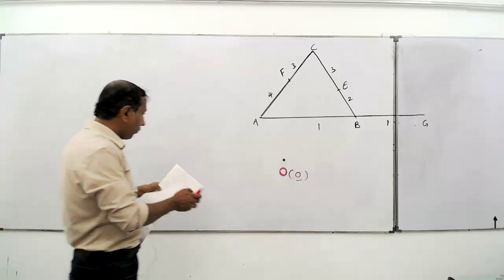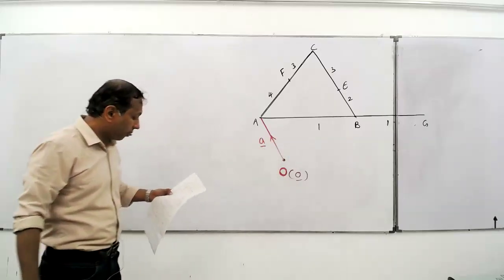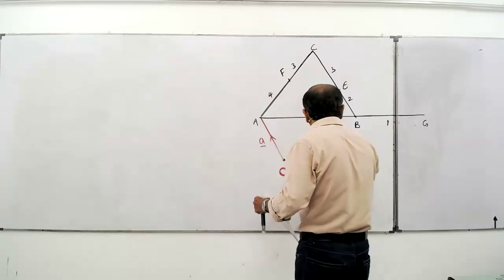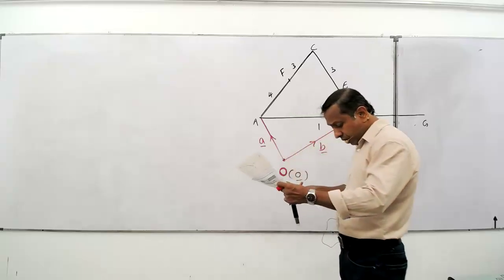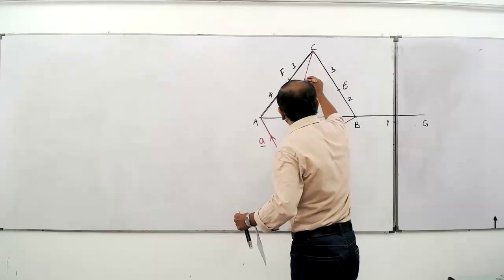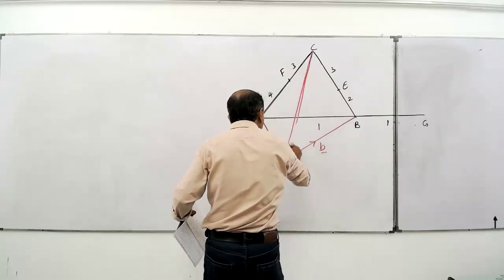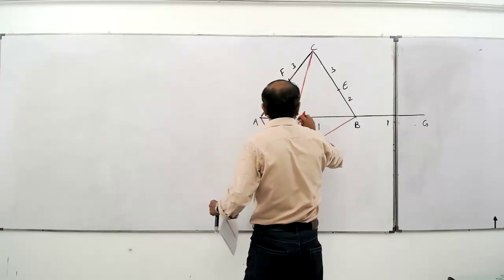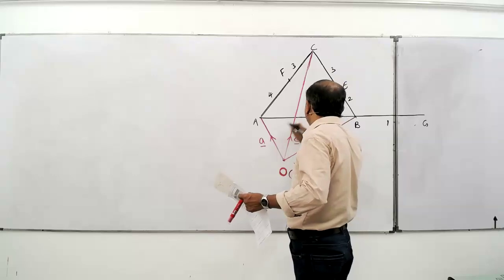Then the position vector of A is simply given, this is the vector B, and this is the vector C, the position vector of C.